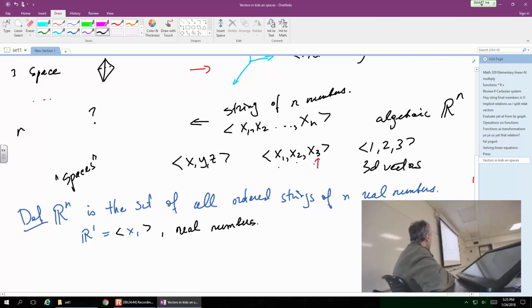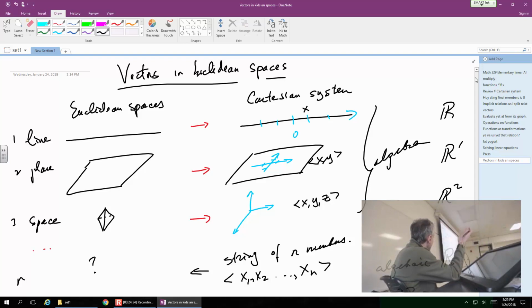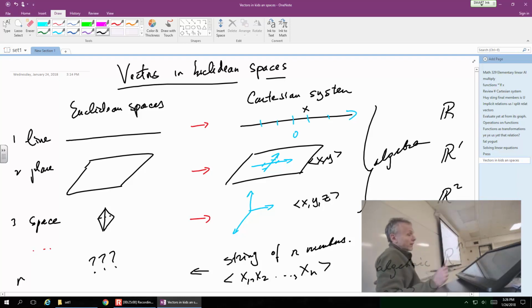Euclidean is a little bit misleading term because Euclid would not go beyond dimension 3, and there is nothing that we can think of specific corresponding to the idea of Rn, which is simply a string of n real numbers. So what is it? We can only try to imagine.